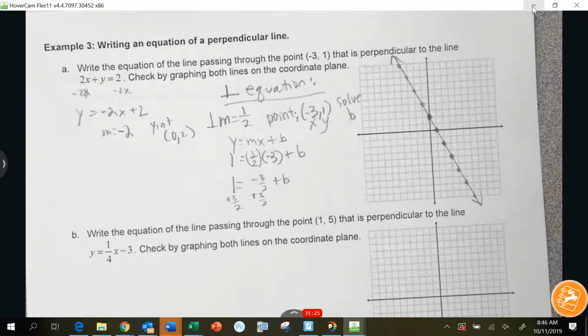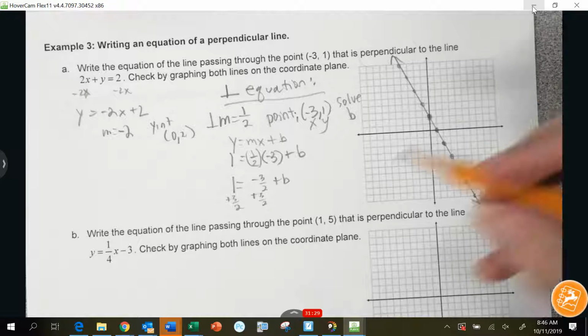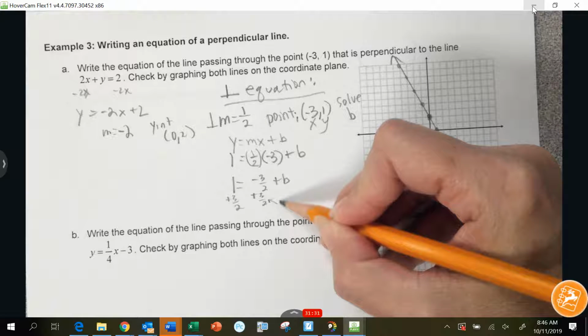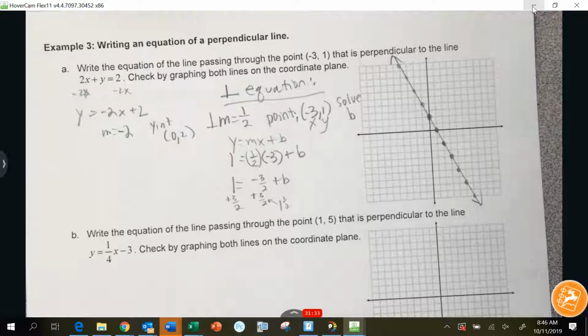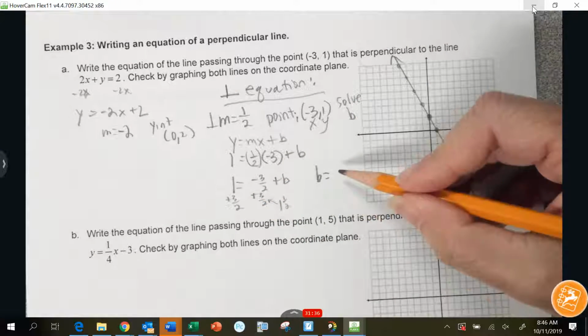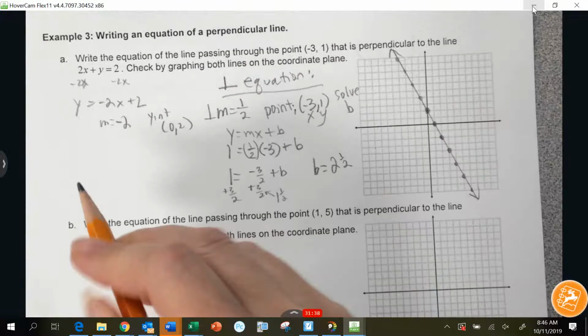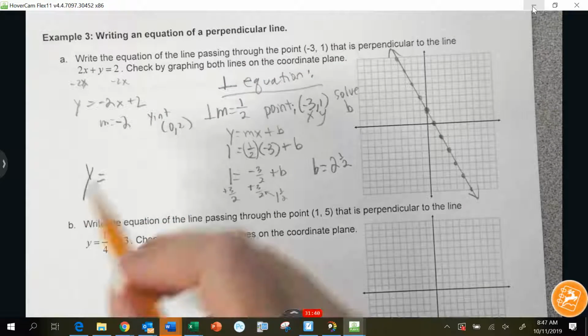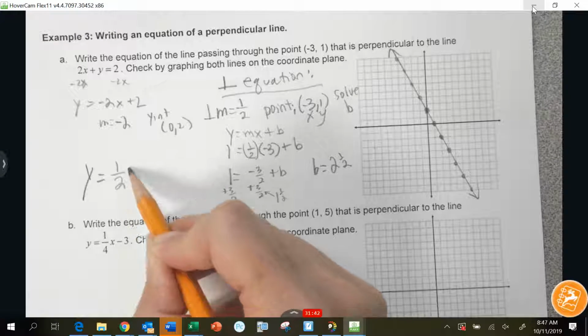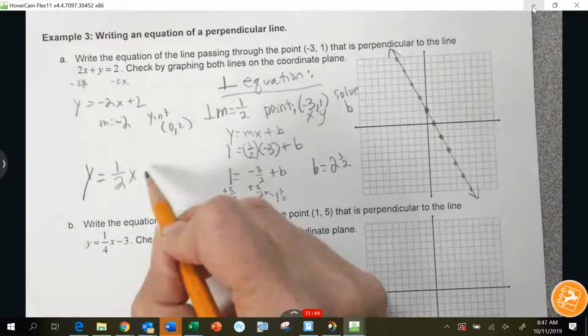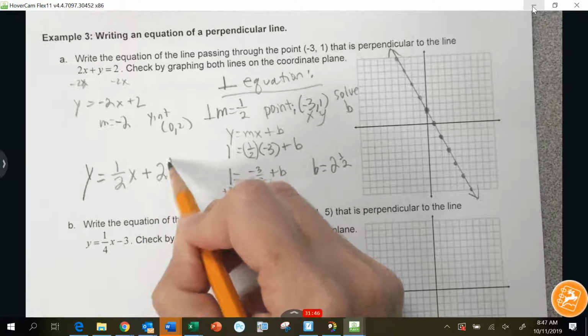What is 3/2, as a decimal? 1.5. So if I add 1 plus 1.5, what do I get for b? 2.5. So y equals, using our perpendicular slope, 1/2 x plus my new y-intercept of 2 and 1/2.